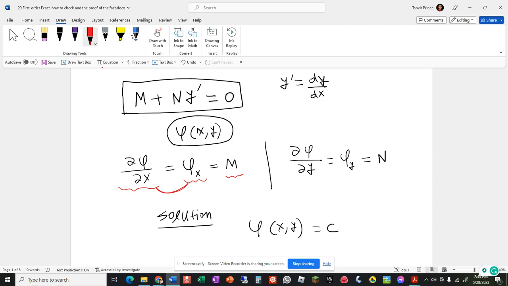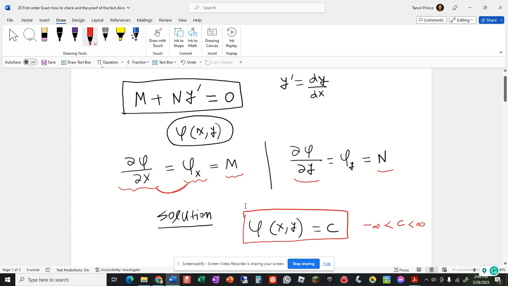And similarly, the partial derivative of phi with respect to y is equal to N. And in that case, the solution of the differential equation is given by phi equal to c, where c is the parameter. C can be any real number, negative infinity to infinity. That is the solution of an exact differential equation.